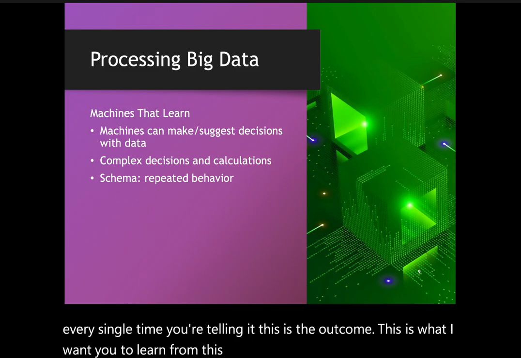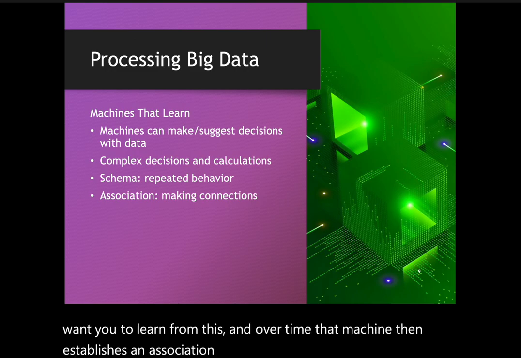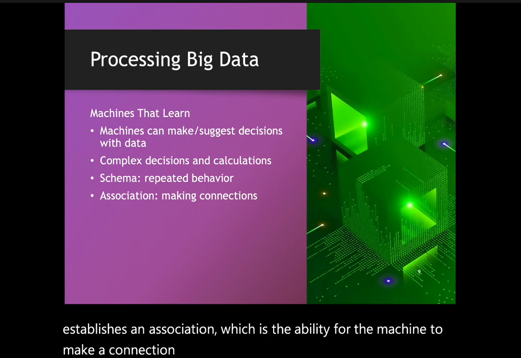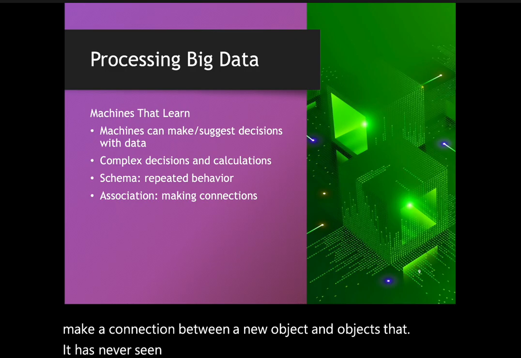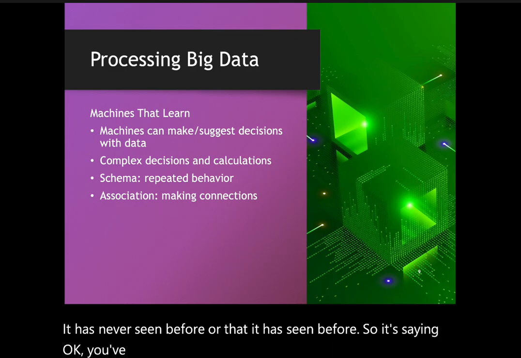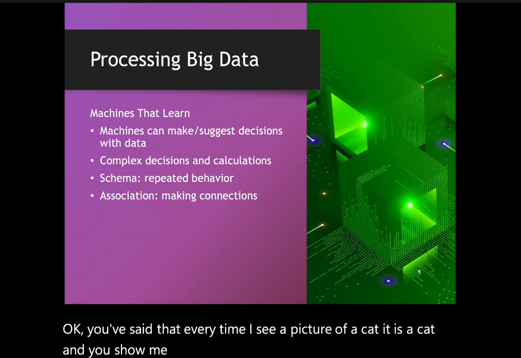And over time, that machine then establishes an association, which is the ability for the machine to make a connection between a new object and objects that it has never seen before or that it has seen before. So it's saying, okay, you've said that every time I see a picture of a cat, it is a cat. And you show me hundreds of pictures of cats. And then you show me a new picture.